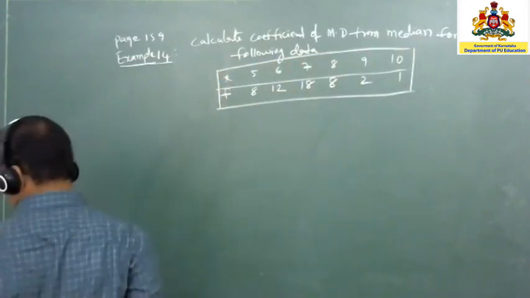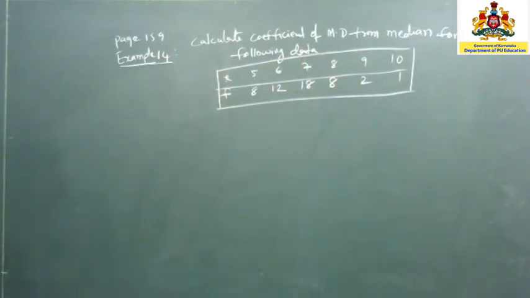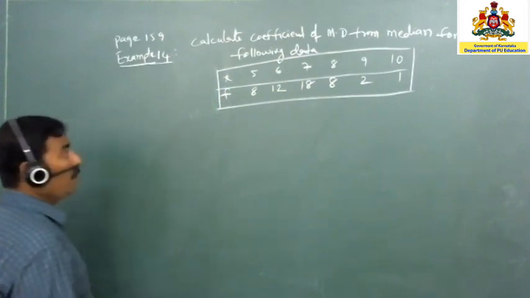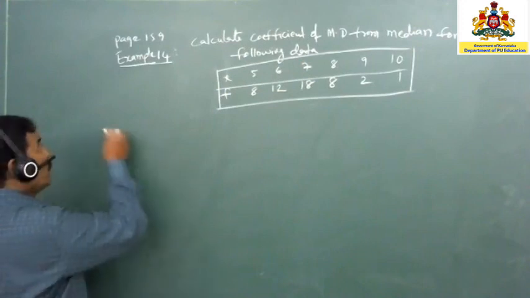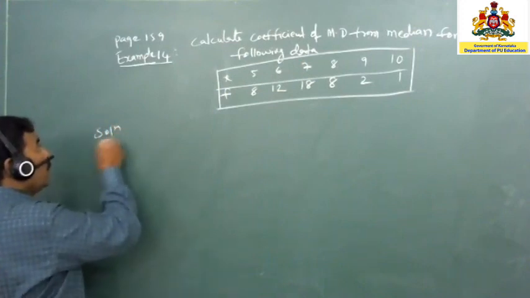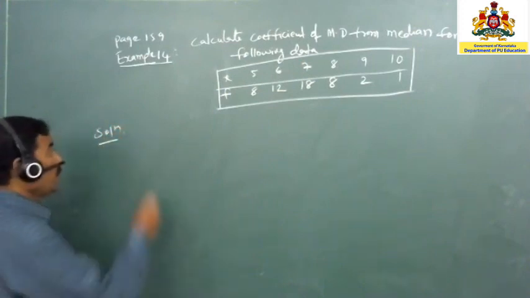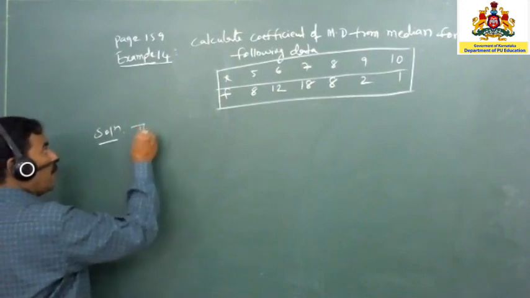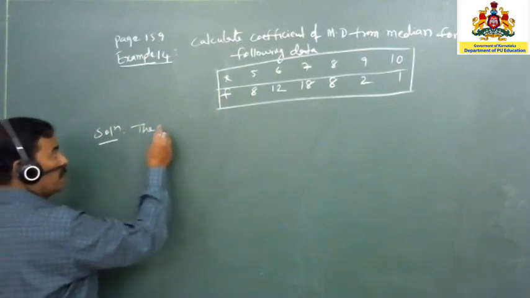So you can frame two tables or one table. How it is completed in the textbook, I'll complete. First you should identify the type of the data. The given data is a discrete data or discrete distribution.